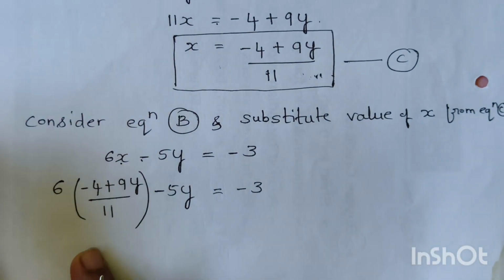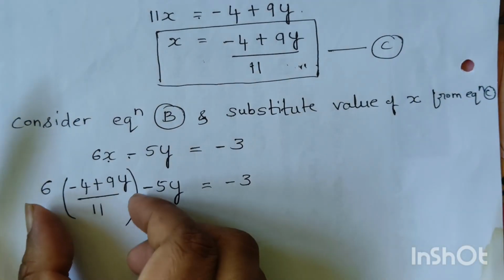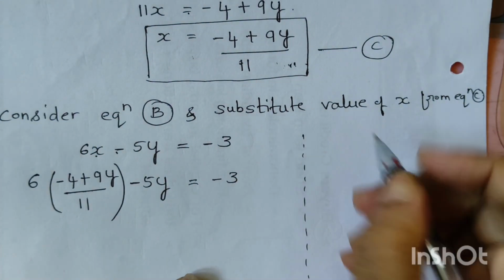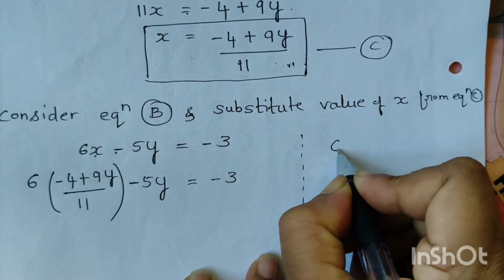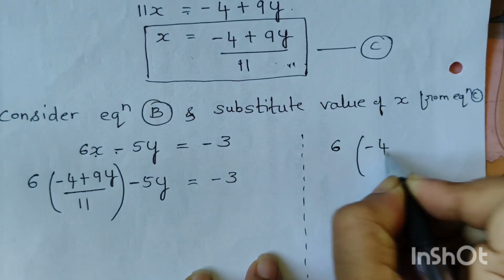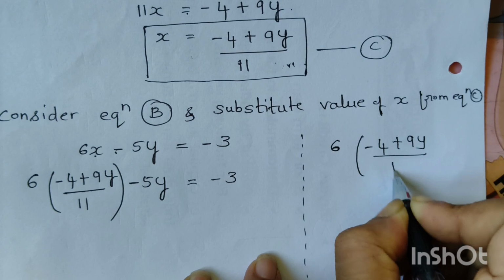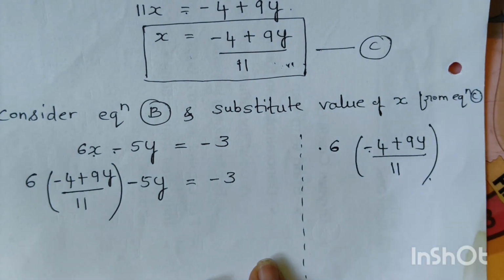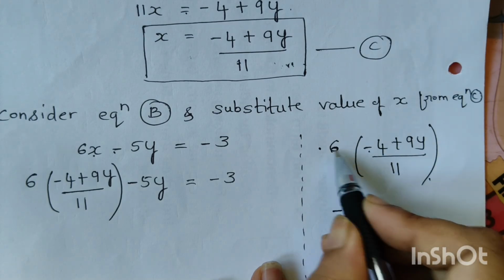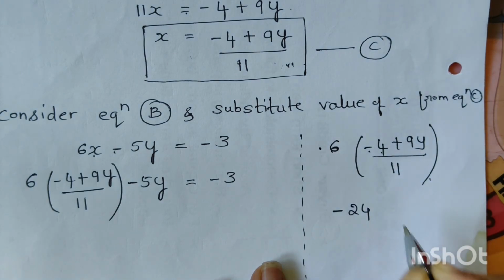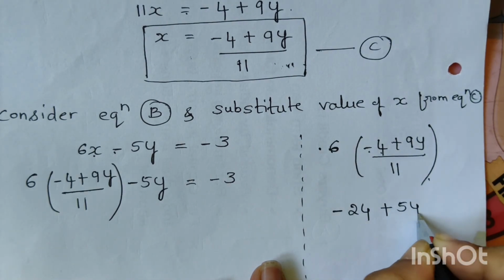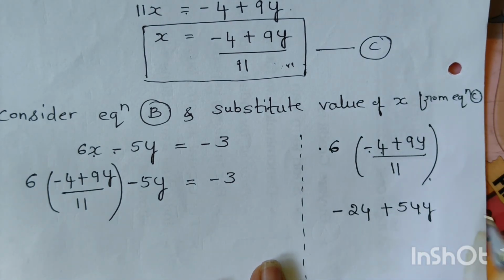Now let us simplify. First let me simplify this one. 6 into minus 4 plus 9y divided by 11. Plus into minus is minus. 6 4s are 24, plus 6 9s are 54, into y divided by 11.